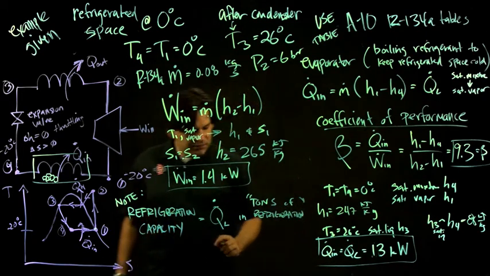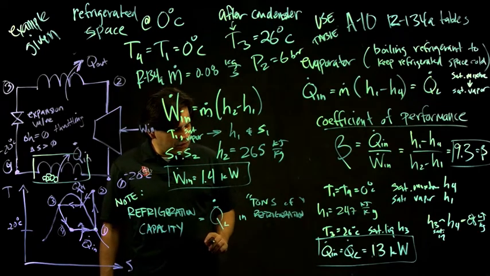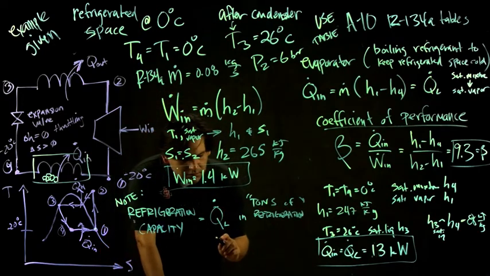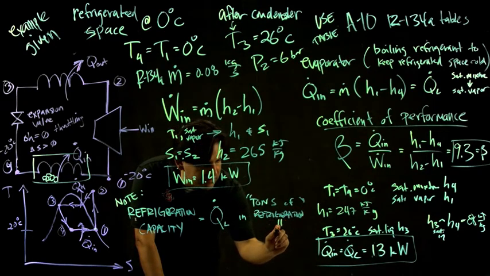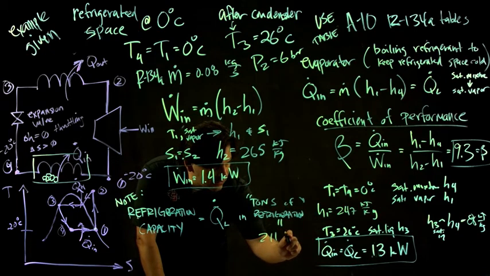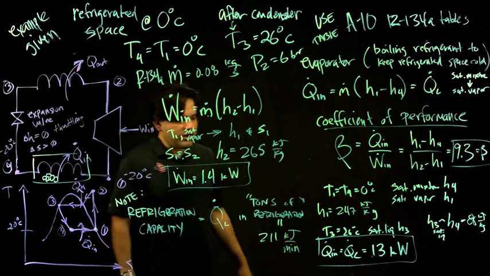That's the unit. And 1 ton equals 211 kilojoules per minute. So tons of refrigeration is kind of a power, in minutes. It's a weird thing, but you know, it has a history.